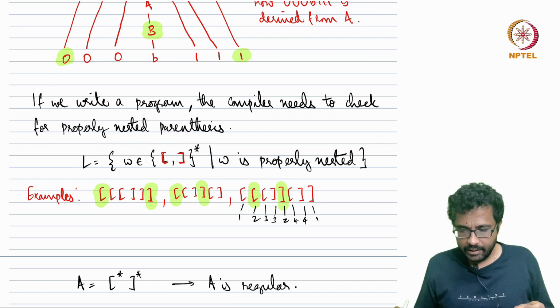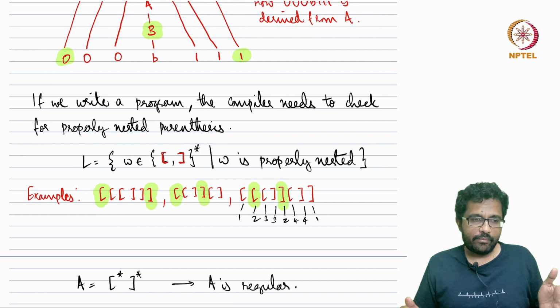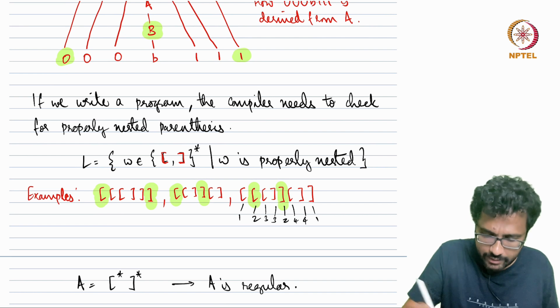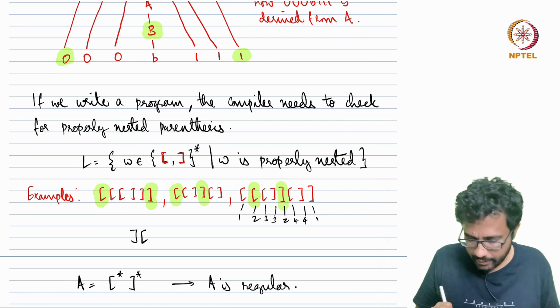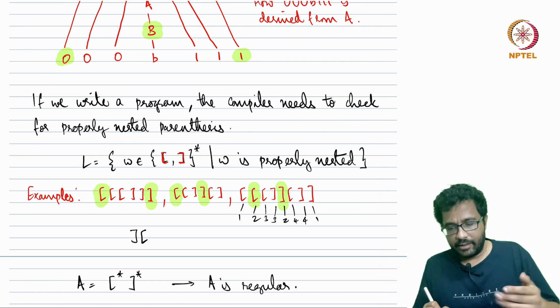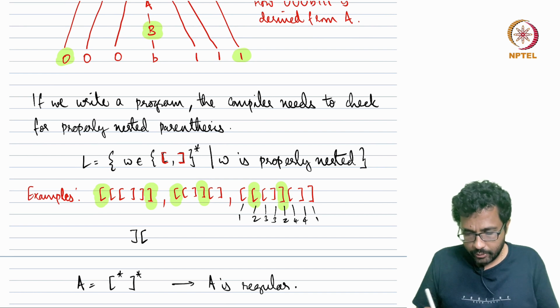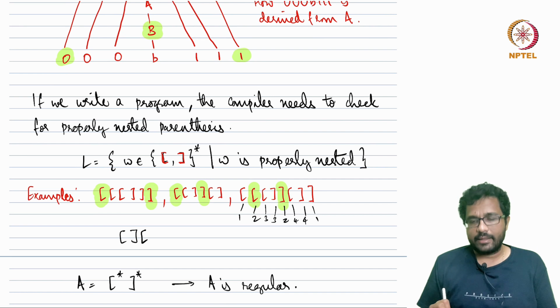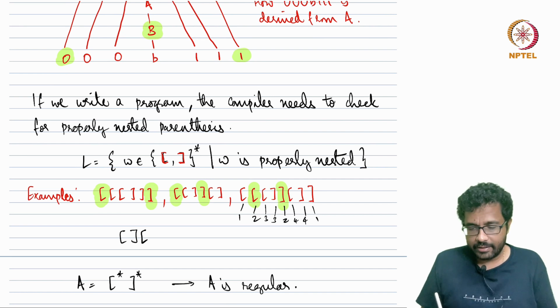Properly nested means that the opening and closing should be in the right order. It should not be that, for instance, this is not properly nested, because the closing comes first. Even this is not a properly nested string, because it doesn't even match.